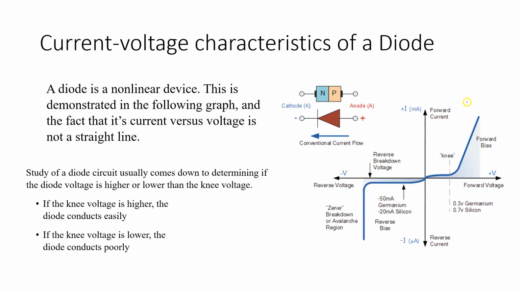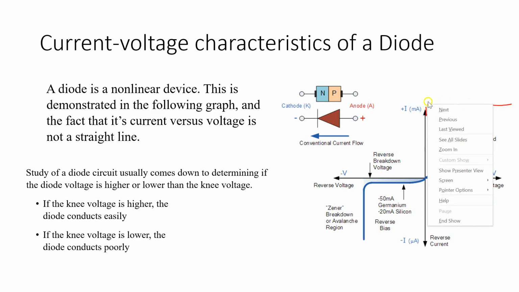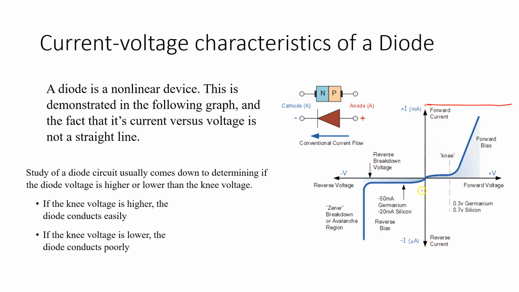Now, on this positive region, on this side right here, this is when the diode is going to be in forward bias. You remember a while ago we just talked about the knee voltage or the knee point, right? And remember we talked about the fact that before the diode can be in forward bias, it needs a small voltage, right, to essentially allow it to start operating or to overcome the potential barrier that is in between the gap.